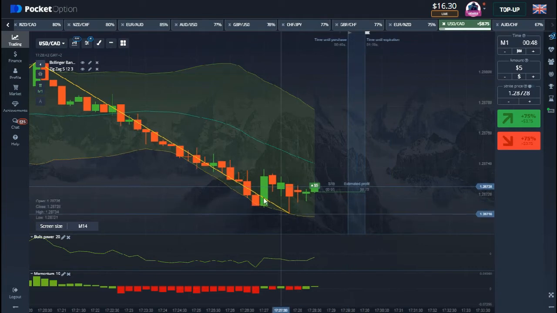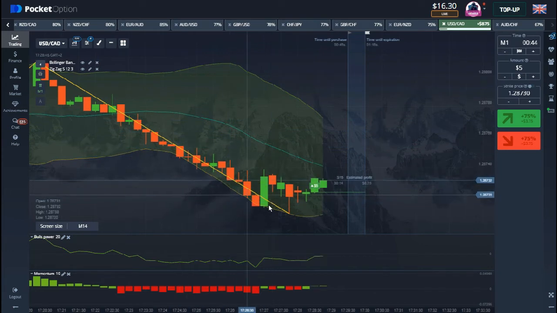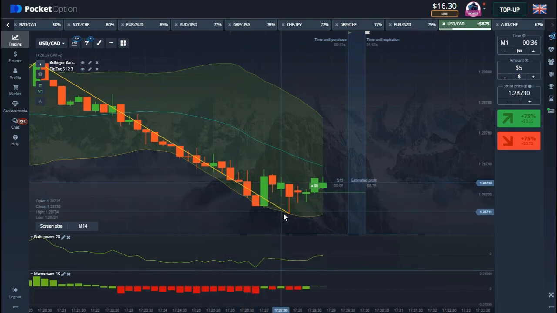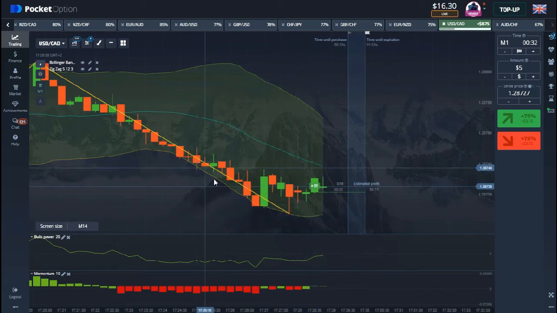I waited here a long time because the market is reaching its level, and the Bollinger Bands make it like this, not like this. It makes it like this, so it should go more down.